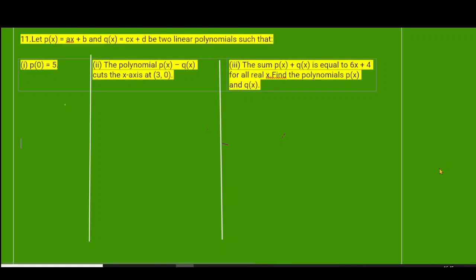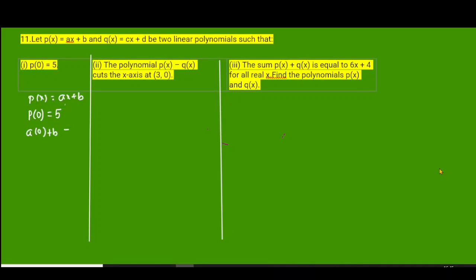P of x given here is ax plus b. The condition is P of 0. When we replace x with 0, you will be getting the polynomial value as 5, means a of 0 plus b gives 5 as the answer. That means b is equal to 5. So we got one value, b is 5.